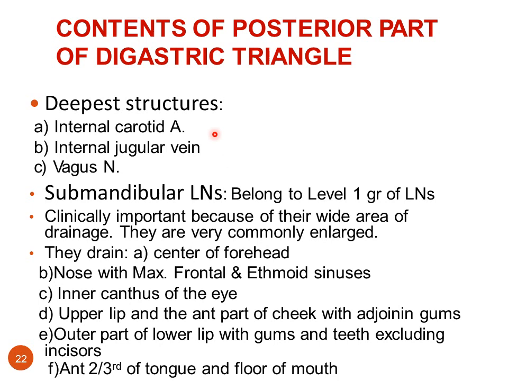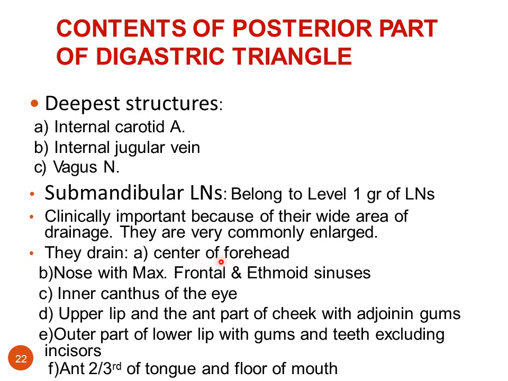Boundaries: deepest structures in the posterior part of the digastric triangle are the internal carotid artery, internal jugular vein and vagus nerve. We have submandibular lymph nodes. They belong to the level 1 group of lymph nodes. They are clinically important because of their wide area of drainage, so they are very commonly enlarged.